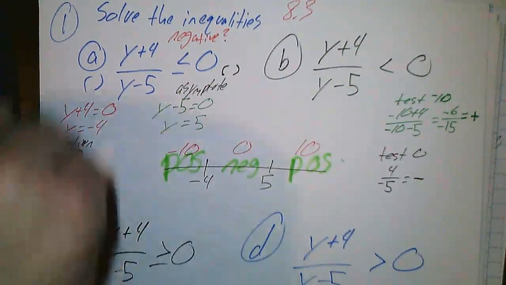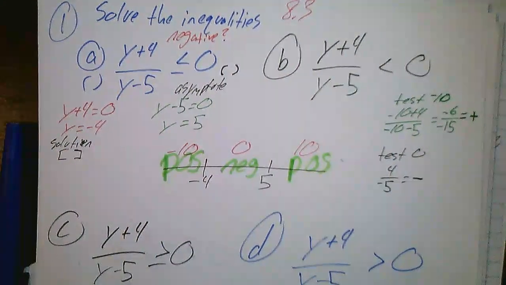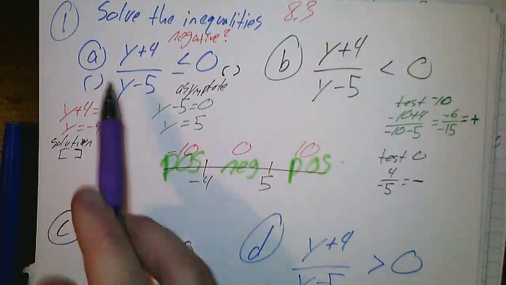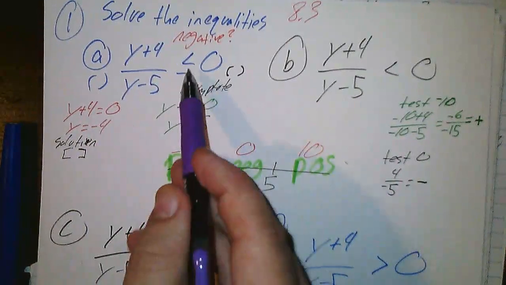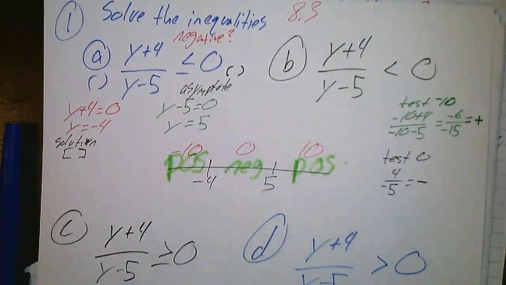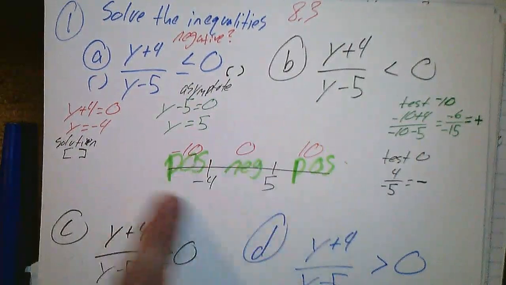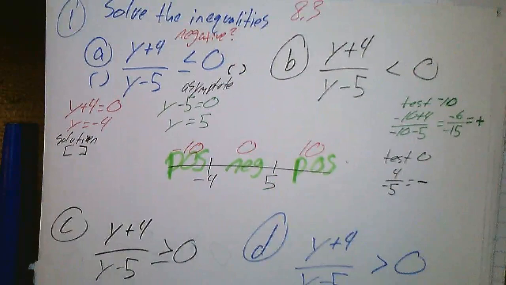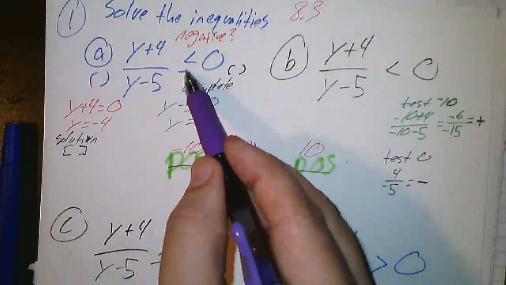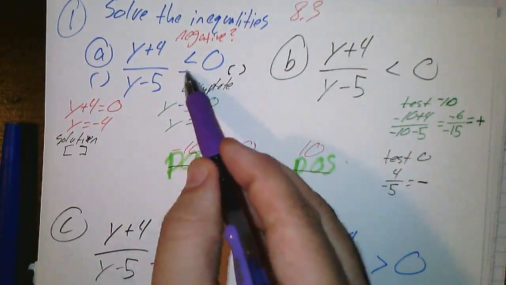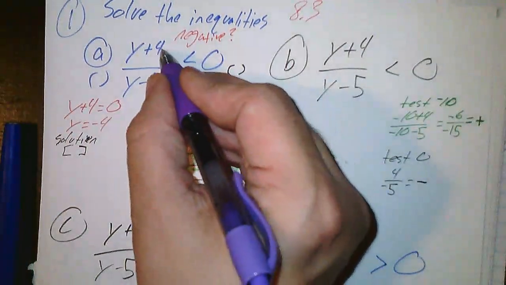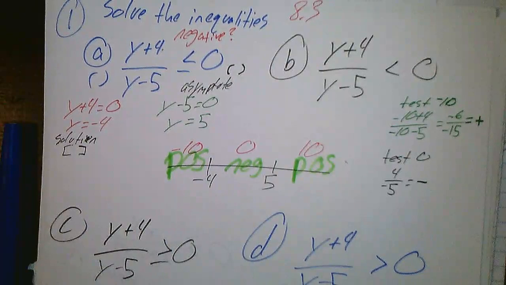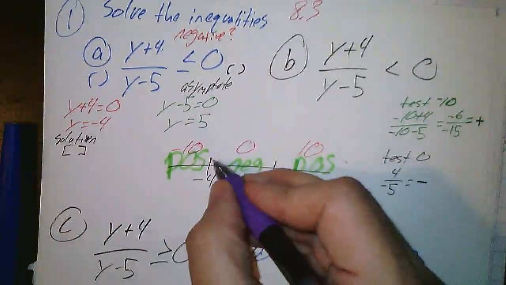So we'll put the answers in purple here. Part A, we are less than or equal to 0. We only need to do this once, and then this will apply to all of the problems. So where is the graph negative? With a line under the symbol, meaning we can use a bracket around the negative 4 here. So where is the graph negative?